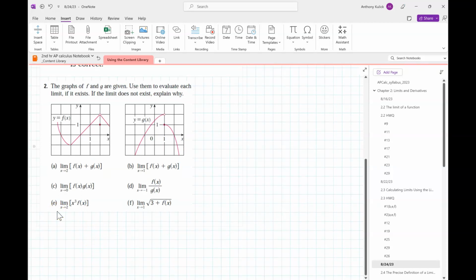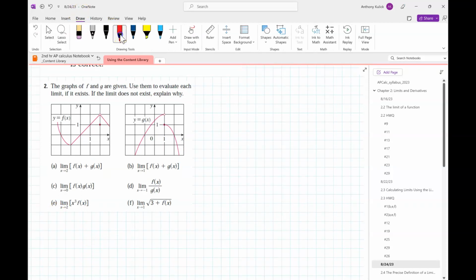So what I would say here is that for 2a, I can use my limit laws to do this. Because you can always do that regardless of whether things are defined or not.